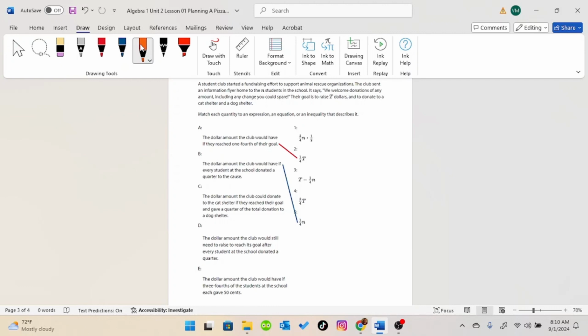So if we look, we know that if they donate 1/4 to the dog shelter, that means they still have 3/4 to donate to the cat shelter. So description C would match expression 4, 3/4 T.